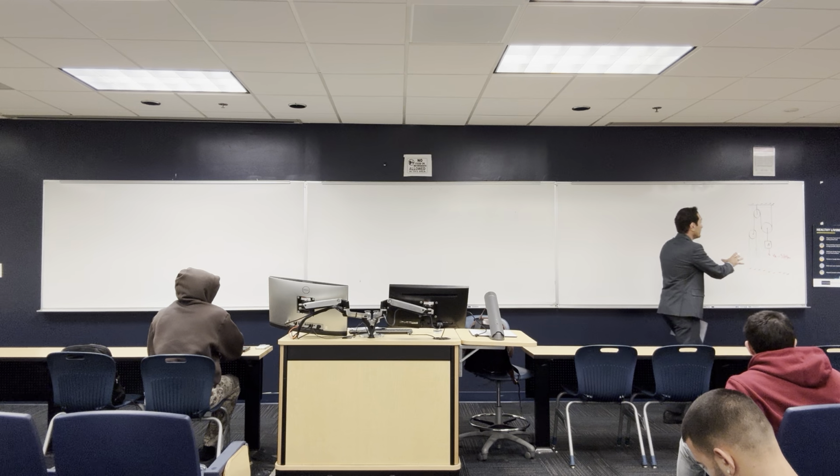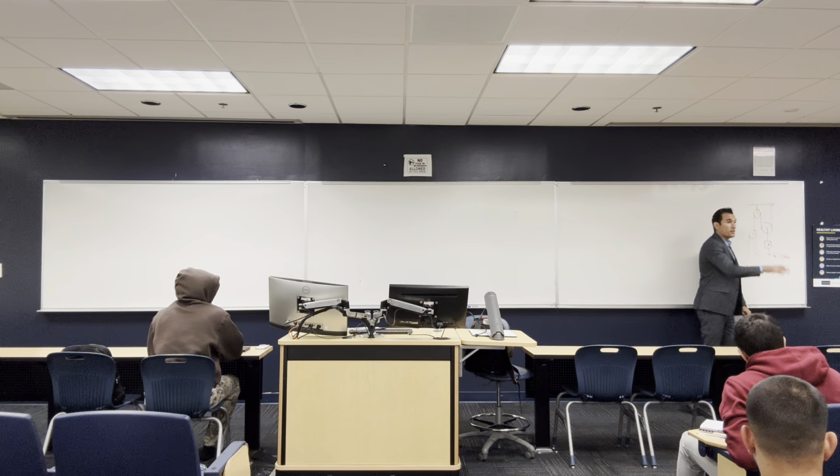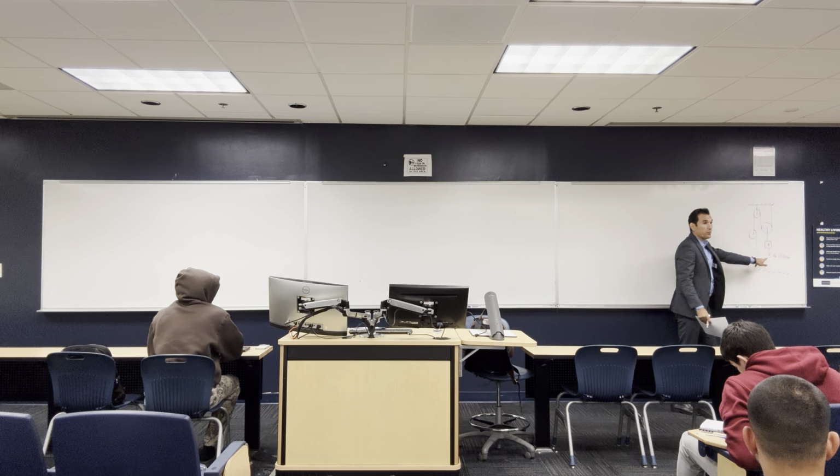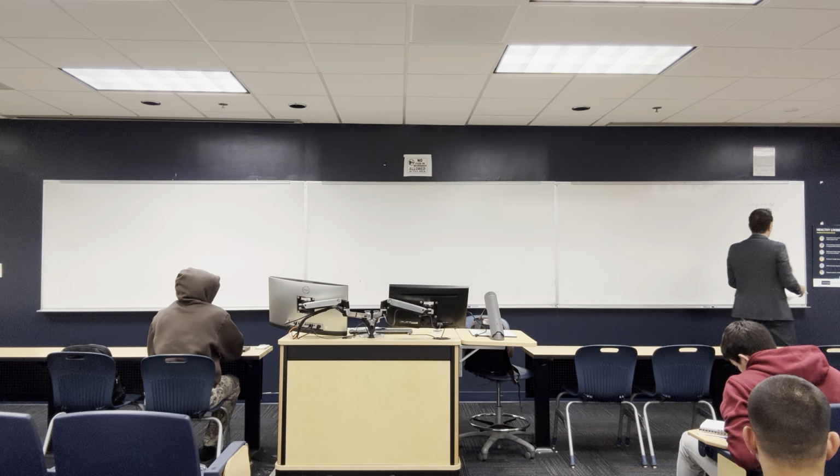That's the problem that I gave you last time. I told you that body A is moving down with 5 feet per second, and I was asking you to find the velocity of body B. Okay, let's take this step by step.